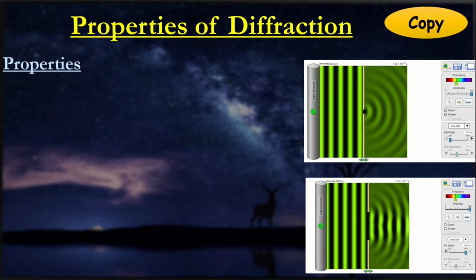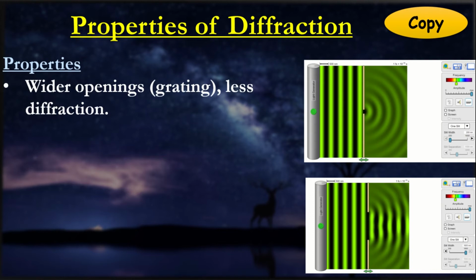So what properties do we know about diffraction? Firstly, if you have a wider opening, this one here, you get less diffraction. You can see diffraction comes around here. If you have a more narrow pathway, you have a much wider diffraction pattern.